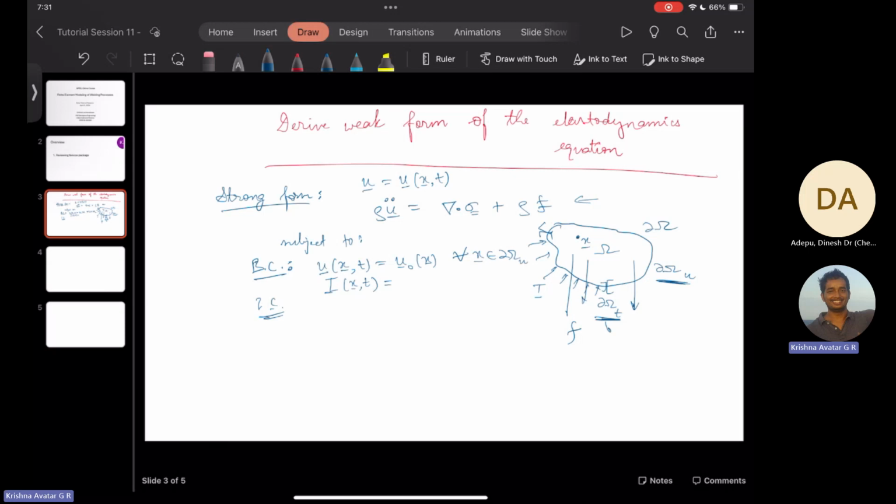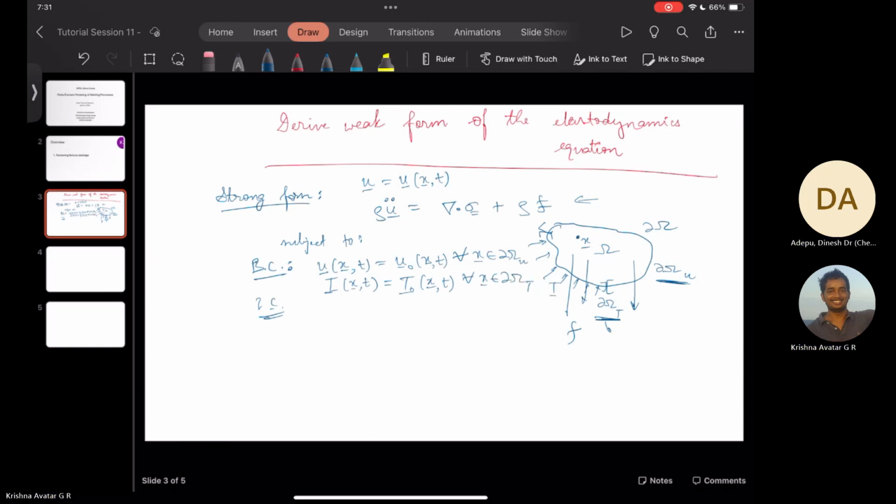This will be equal to some T naught vector of X vector, and we can even have this as a function; even the boundary condition can be a function of time, for all X vector an element of partial omega traction, right?